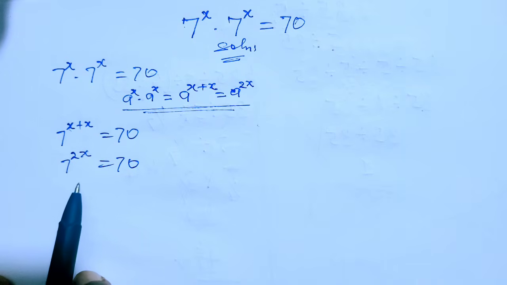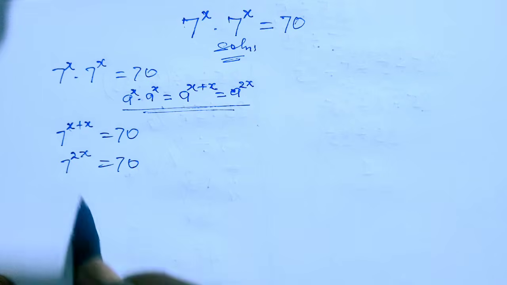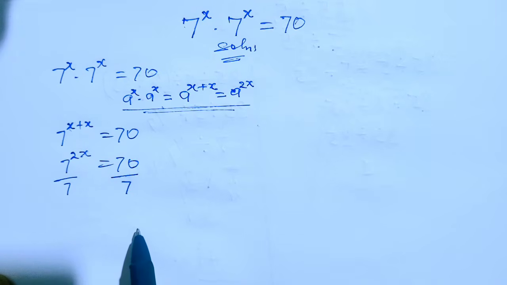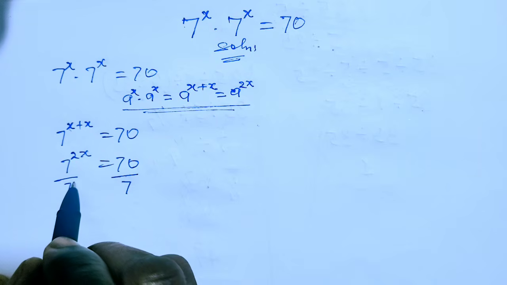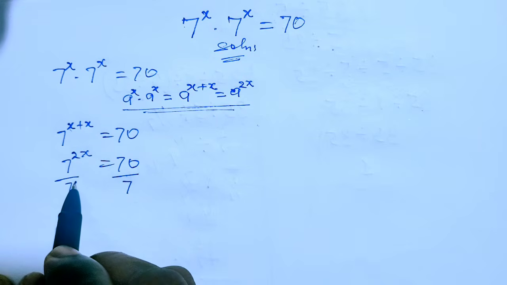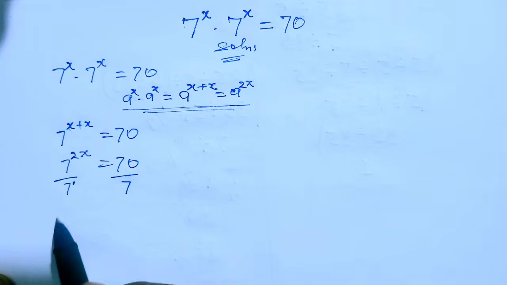Now, I'm going to divide both sides of the equation through by 7. Here divided by 7, here divided by 7. Now, here as a power of 1, recall that from indices, in divisions, when the bases are the same, we subtract the powers.